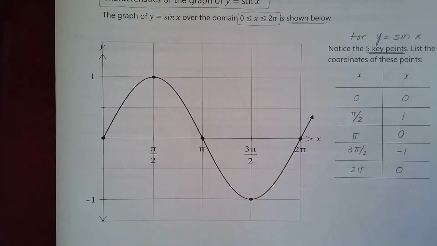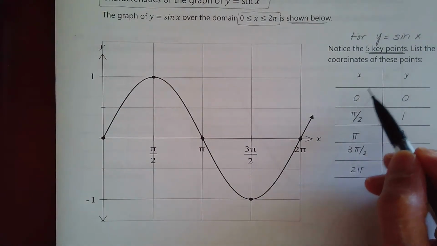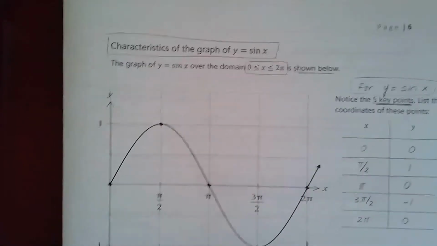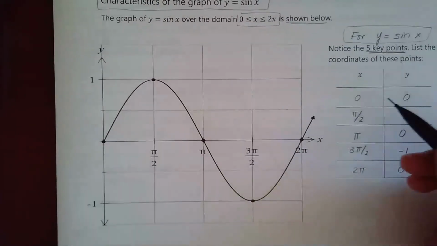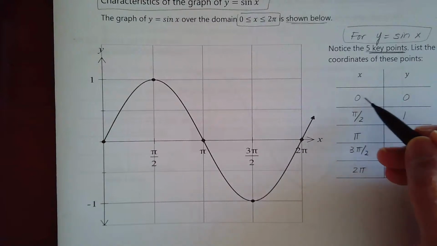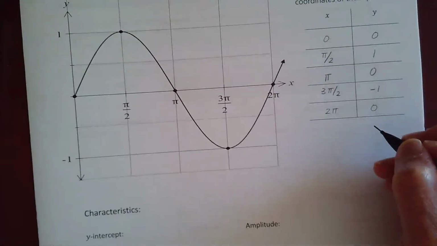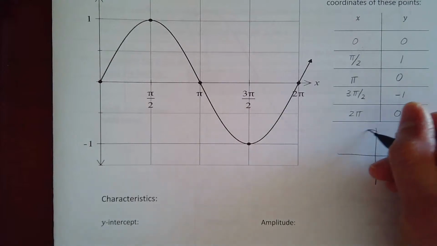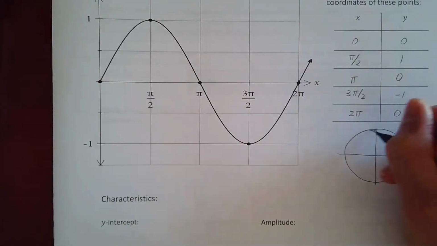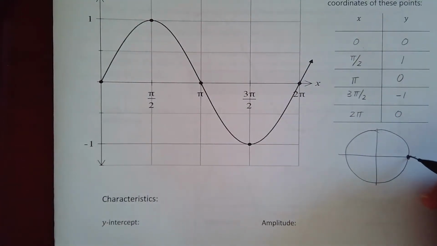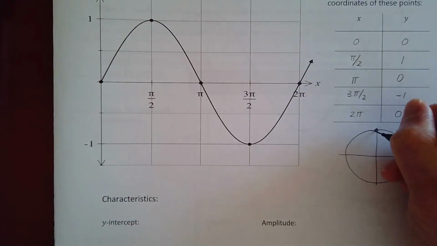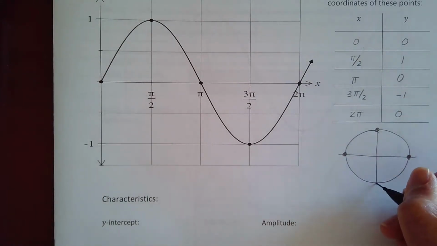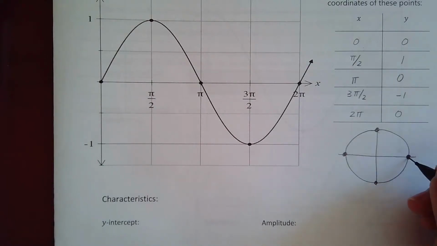Sometimes what I try to do here is that when I have to start off with y equals the sine of x, I know that it starts at the 0, 0 level. Okay, so the 5 key points are coming from the quadrantal angles. So 0, pi half, pi, 3 pi halves, and then back to 2 pi.